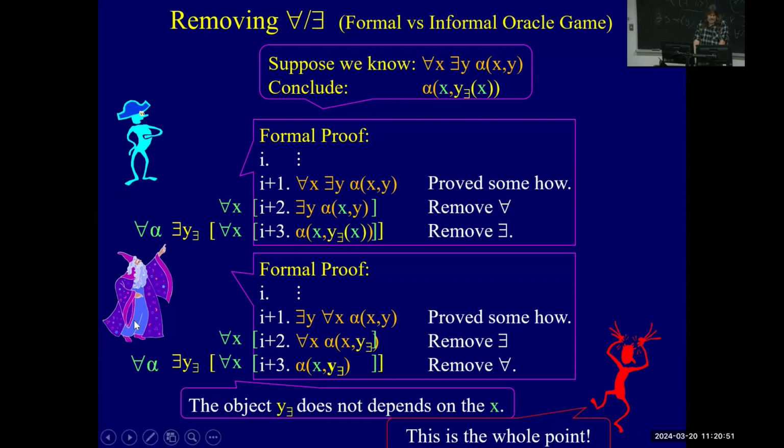What does this say? You give me any alpha, and then there exists a fixed y, a fixed y that works for every x. Here we're saying there exists a function of x that works for every x. Everybody see the difference there?